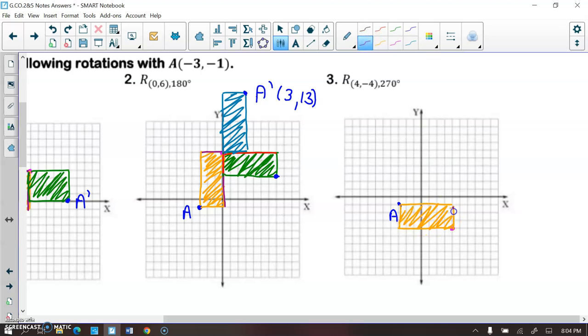So looking at the 2 lines attached to my center of rotation, rotating them 90 degrees clockwise, the vertical line of 3 units long is going to look like, whoops, let me get a different color, is going to look like this. And the horizontal line of 7 units long is going to look like this.